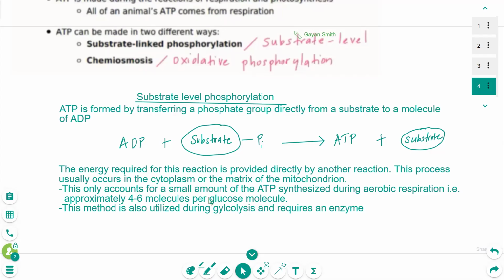So I'm going to give you a break after you finish it. I'll give you 2 more minutes. After the break, we're going to continue with chemiosmosis. And we're also going to be learning about the structure of the mitochondria.